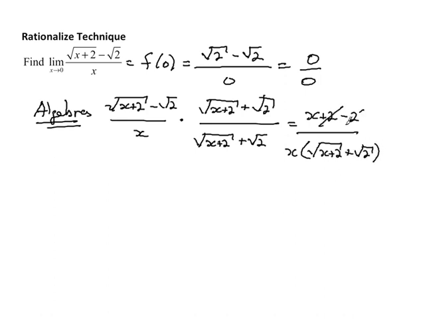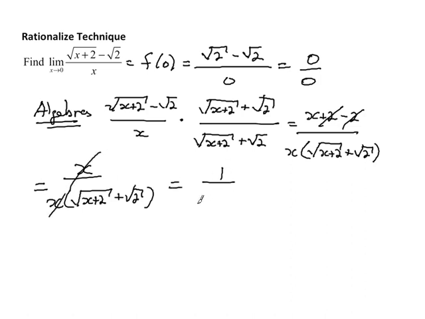Well, obviously, that's going to cancel like that. So this is going to be equal to, again, I'm still doing algebra here. I haven't done any calculus yet. x over x times the square root of x plus 2 plus the square root of 2. Well, these x's cancel. So this is equal to 1 over the square root of x plus 2 plus the square root of 2.